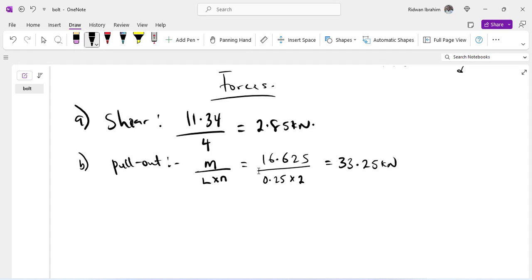Another thing you might want to consider is the compression. Although compression is not a problem, because when we have a force that is compressing our bolt downward, that is like a good thing, that is what we want. But when it is pushing out, that is a failure. When it shears, that's a failure.